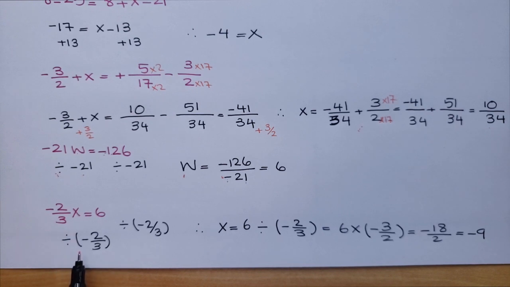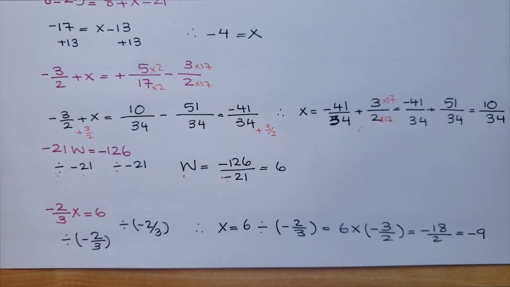And in order to isolate the x, I have to divide both sides by this exact coefficient. So I divide both sides by negative 2 over 3. This will cancel out with this. But here, x would be 6 divided by this thing.